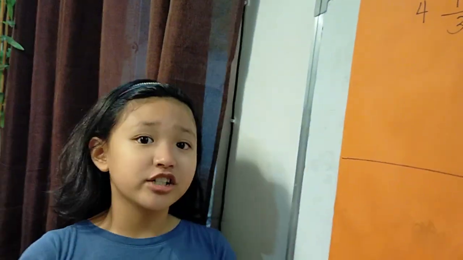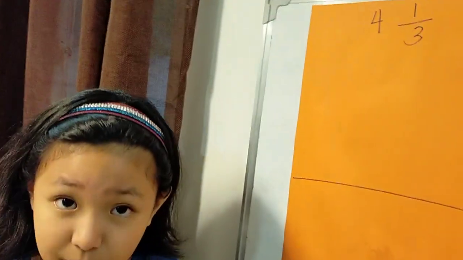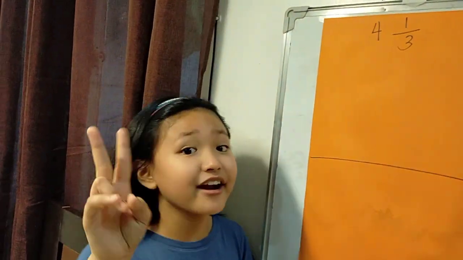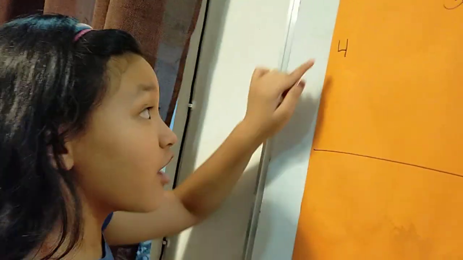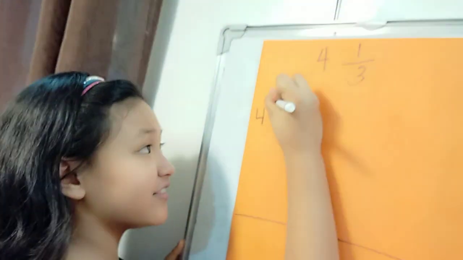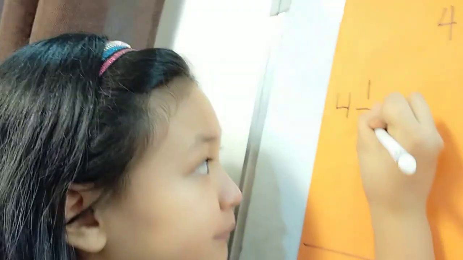So how do we change mixed numbers or mixed fractions into improper fractions? There are two ways of changing them. First, we will multiply the whole number and the denominator.